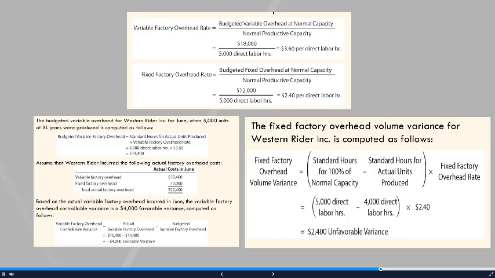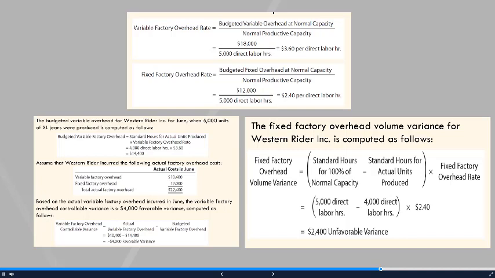The first step in this is to calculate our variable overhead rate. To get our variable overhead rate, we take our budgeted variable overhead and we're going to divide that by our budgeted variable hours. So in this example, it's going to be $3.60.